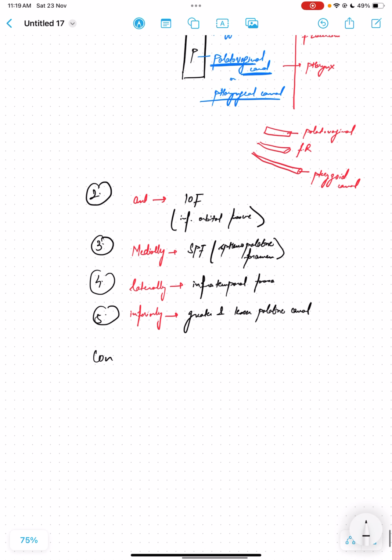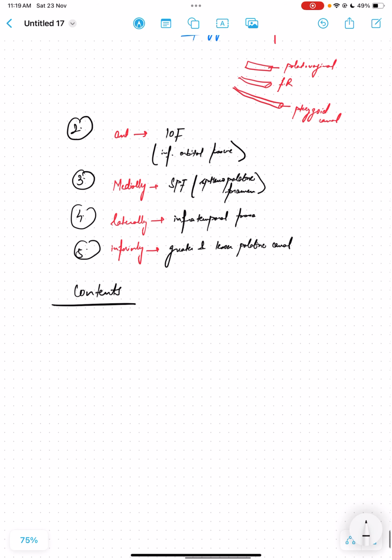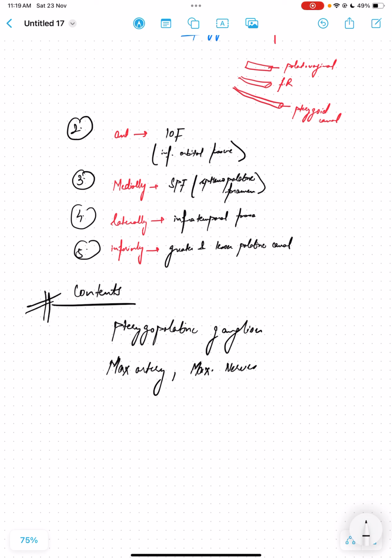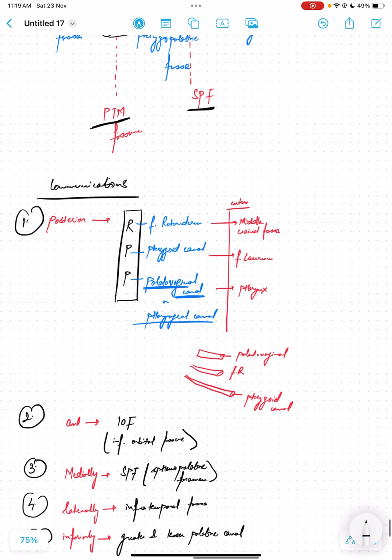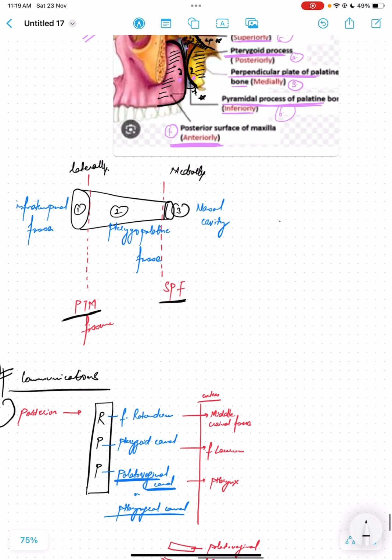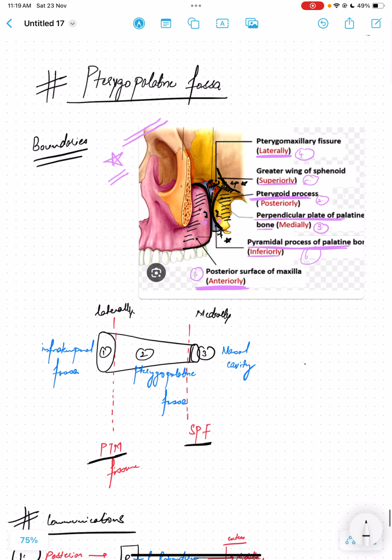The contents of the pterygopalatine fossa are just small: the pterygopalatine ganglion, maxillary artery, and maxillary nerve. This was all that you should remember about the pterygopalatine fossa. It can come for your 5 marks.